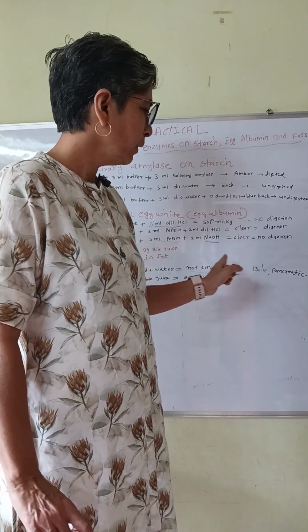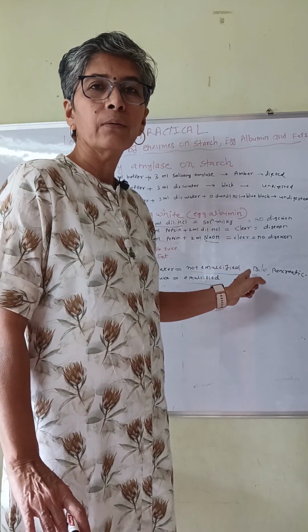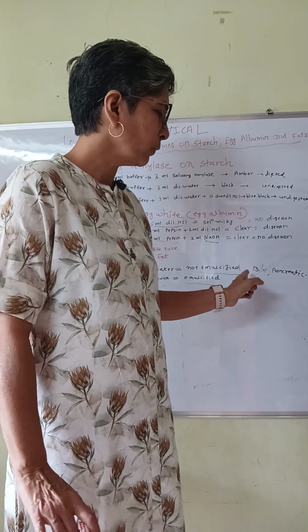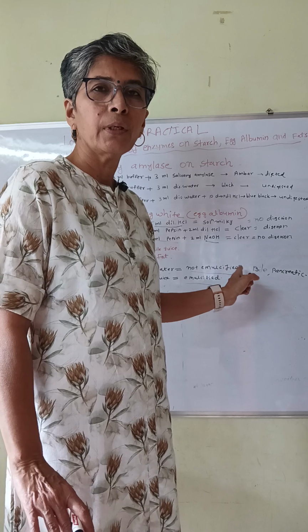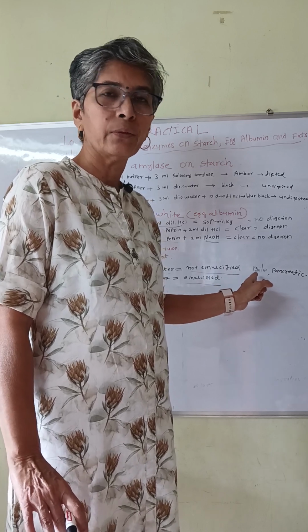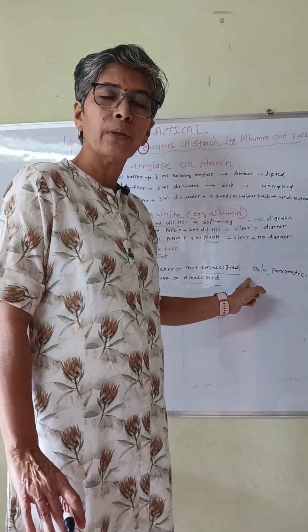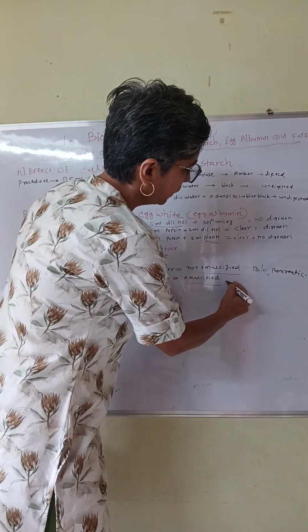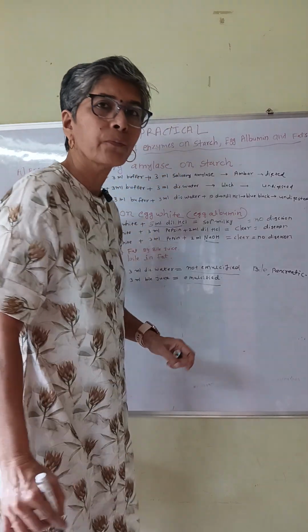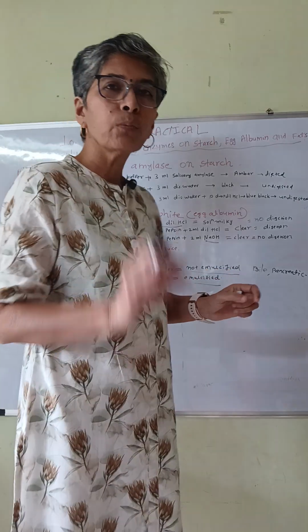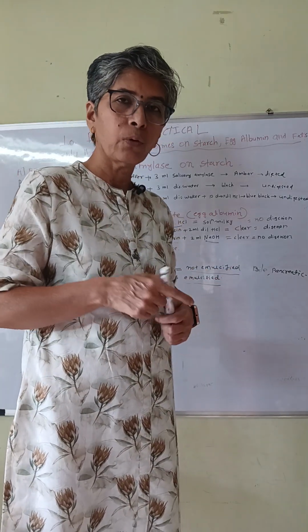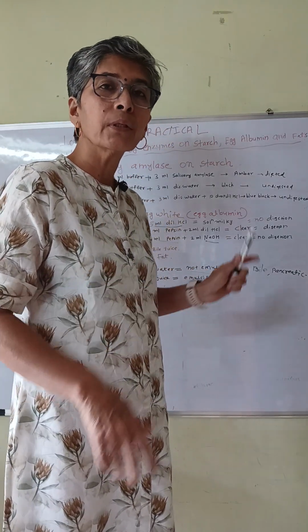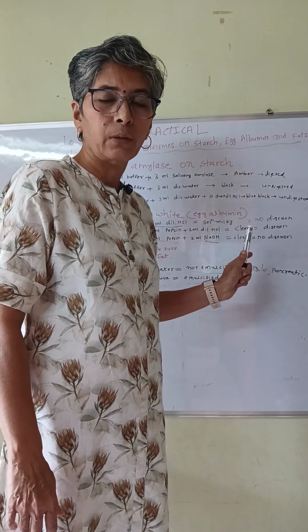There is no process of emulsification. There are no tiny droplets in test tube number 1. But in test tube number 2, the oil is emulsified. Okay, we find small tiny droplets of oil that are suspended in water.